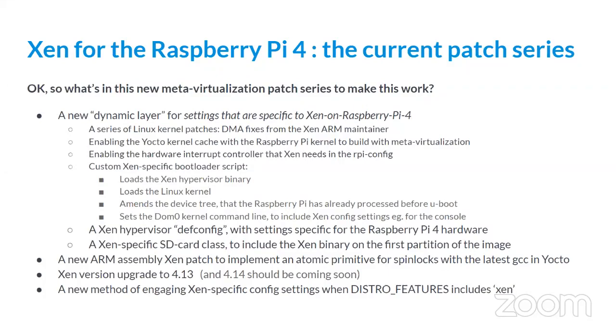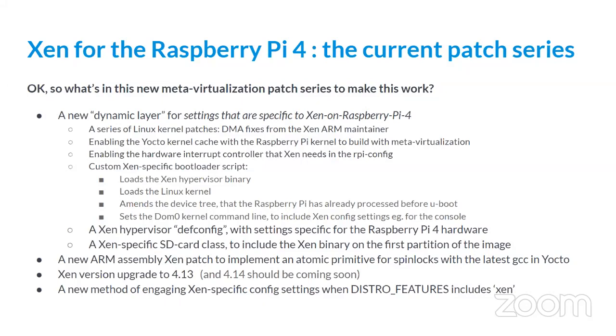We have a new dynamic layer in meta-virtualization that will activate when you are using it in conjunction with meta-raspberrypi, and that will bring in functionality which is both Xen and Raspberry Pi specific, which includes some Linux kernel patches, some hardware specific configuration, a new bootloader script. It'll configure Xen to build specifically for the Raspberry Pi 4 hardware, and it will adjust the SD card class to include the Xen binary on the first partition.